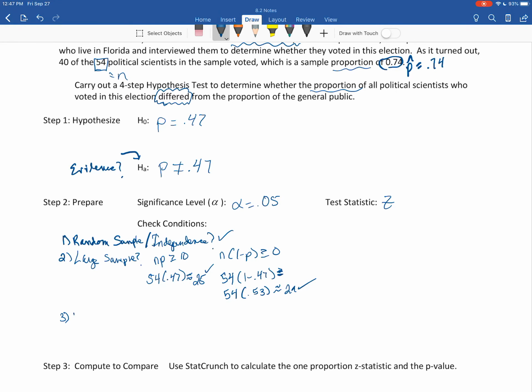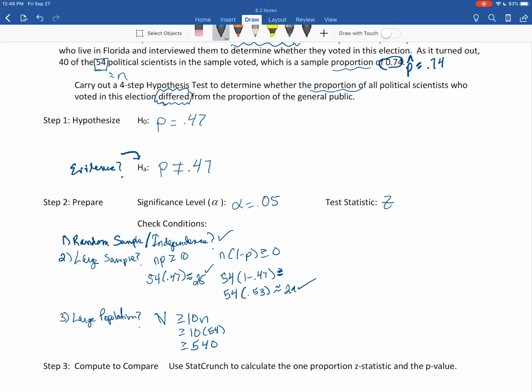The last condition to check is, do we have a large enough population? So is the whole population greater than or equal to 10 times the sample? We know our sample was 54. We're checking to see if the population is more than 540. So what was the population? Where were these 54 people chosen from? It looks like they had to have been a political scientist in Florida.